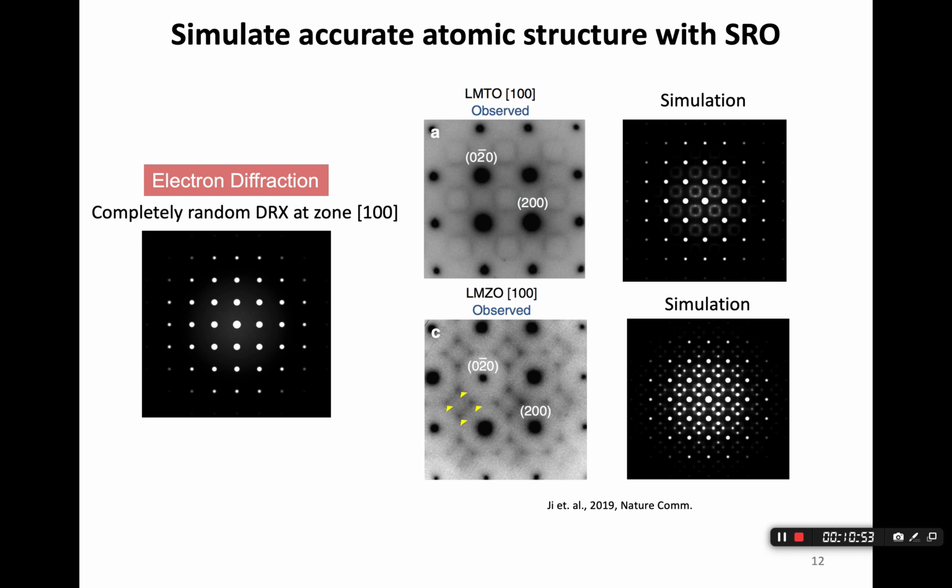For LMTO, we observe these ring-like patterns, which can be confirmed by the simulated electron diffractions. And for the LMZO, we have these diamond-like patterns, which can also be confirmed with the simulation results. So now we have theoretical tools that can reproduce what we see in experiment in the 3D atomic structures.